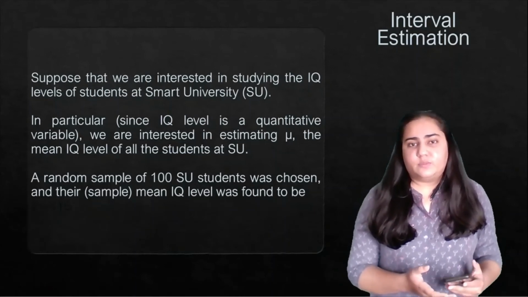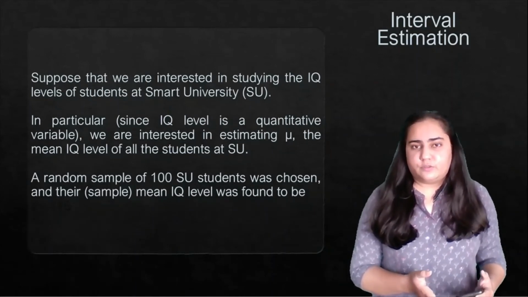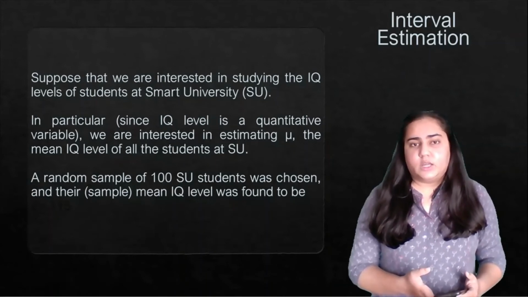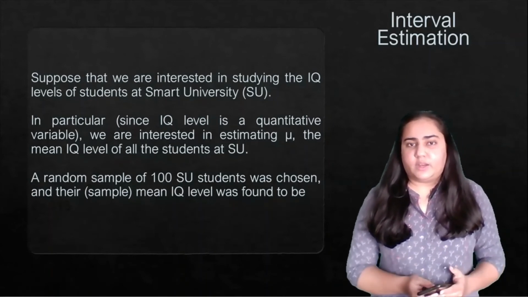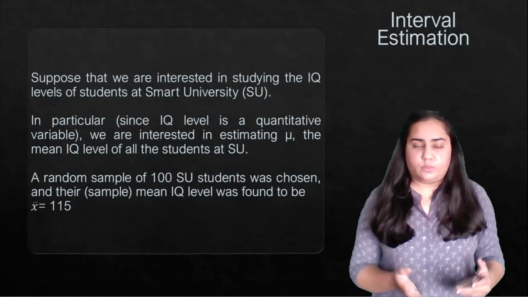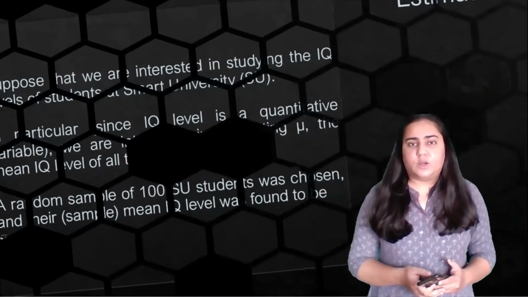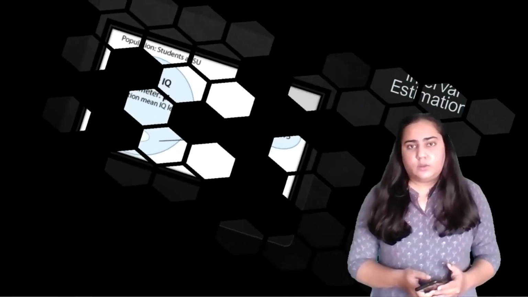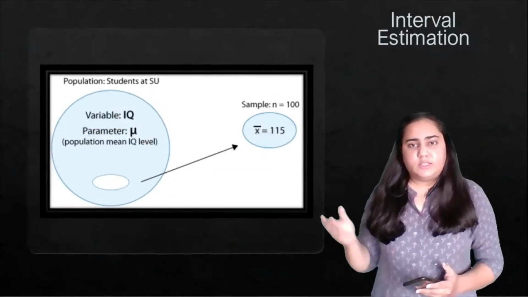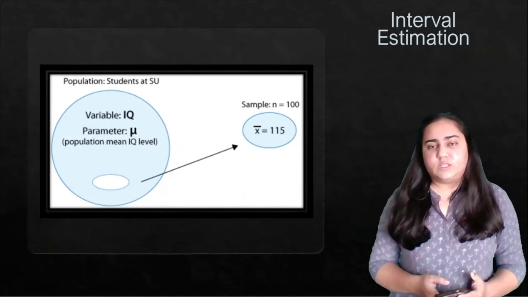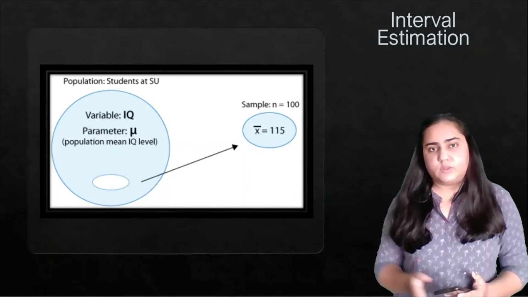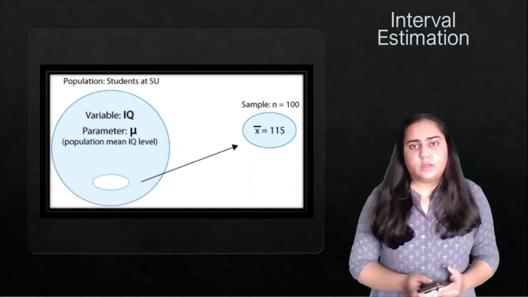So we take a random sample of 100 students from this university, and we found their mean IQ level to be bar x equal to 115. And once again, the same diagram that we saw a little bit earlier is present here.